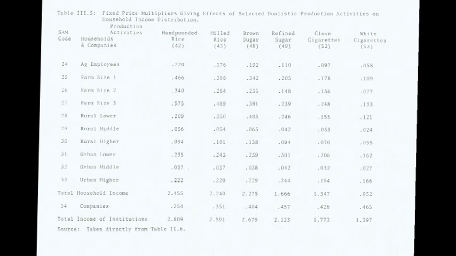Again, we have listed on the left-hand side those accounts that are households, and then we have these production activities, and each number gives you the answer to the question: by how much would the income of a particular household increase if you had, say, $1, or in Indonesian currency, 1 rupiah increase in expenditures or demand for those goods. So this is a demand-driven model, and you can get specific numbers.